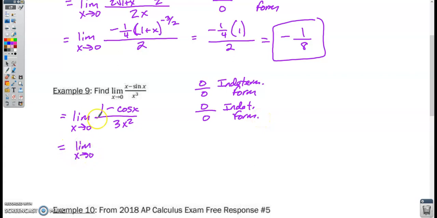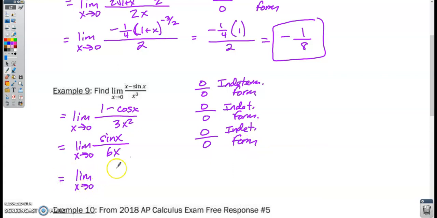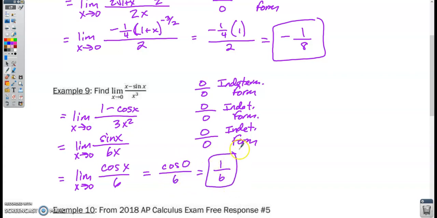Take the derivative of the numerator, and that becomes sine of x. Derivative of the denominator is 6x. And I substitute again, and I see that it's 0 over 0 again. And so I apply L'Hospital's rule one more time. And we end up with cosine of x over 6, which we can evaluate using substitution. That's the cosine of 0 over 6, or 1/6.